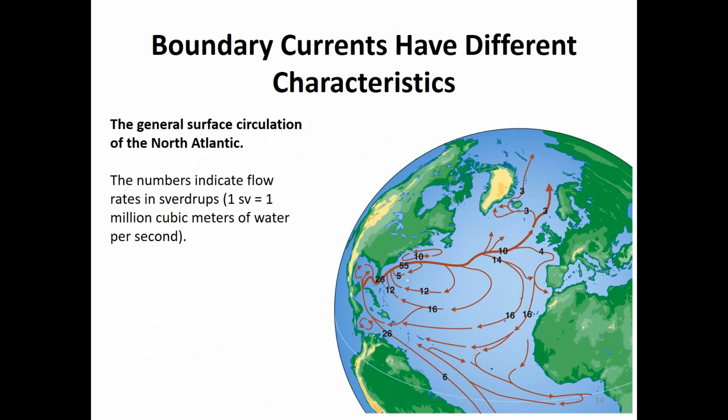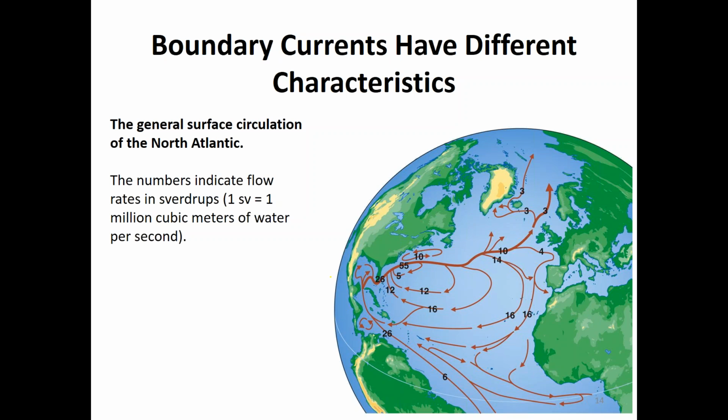And here we have the flow rate of the water in these currents mapped out. The arrow indicates the direction of flow, and the thickness of the arrow represents the rate of flow. So this very thick arrow over here signifies a very high rate of flow. And these numbers quantify that rate of flow, in units of sverdrups, if I pronounce that correctly.